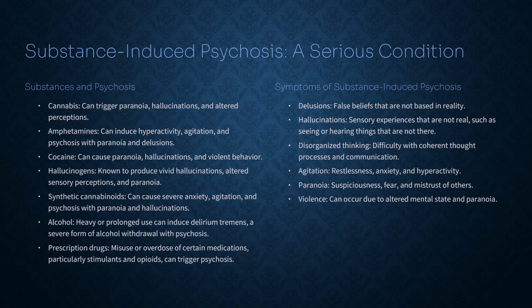Agitation: restlessness, anxiety, hyperactivity. Paranoia, we all know what that is: suspiciousness, fear, mistrust of others, or just plain violent behavior. Violent behavior can be secondary to paranoia, or the patient might just be violent without any reason also.